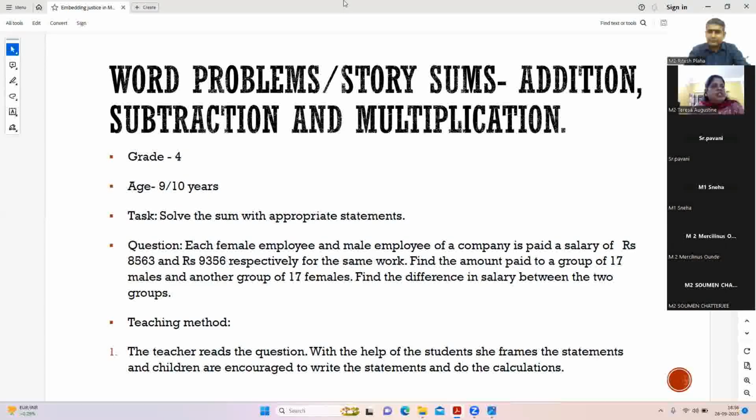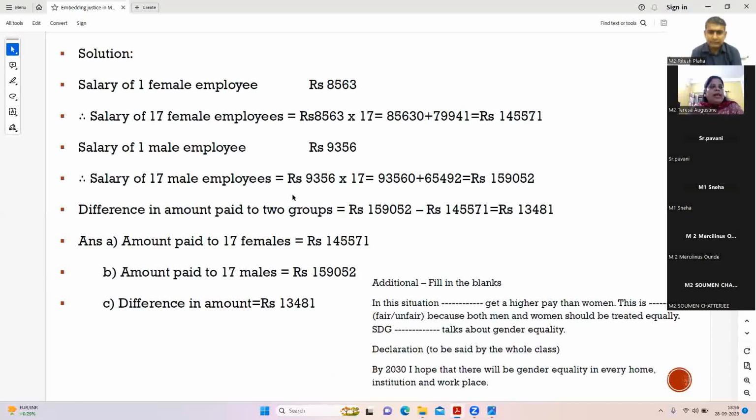The teacher reads out the question, and with the help of the students, she frames the statements, and children are encouraged to write the statements and do the calculations. Finally they come to the answer: the amount paid to 17 females is 1,45,571, and the amount paid to 17 males is 1,59,052.